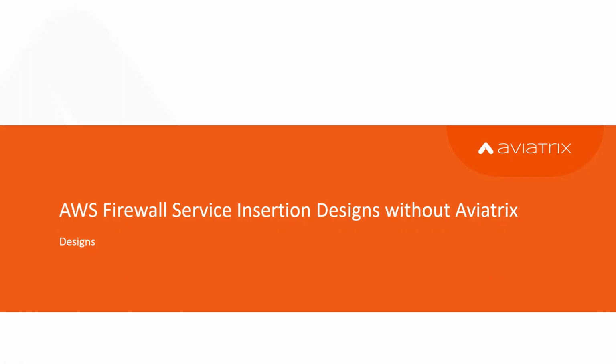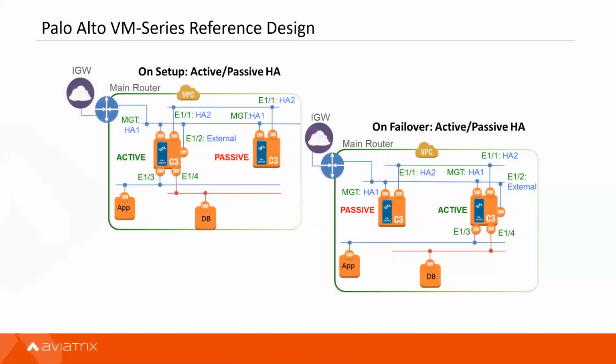So first thing we're going to look at is the Palo Alto VM series reference design. Now we look at this design here, and it is active passive and on failover passive active, right? So how are they accomplishing this failover?